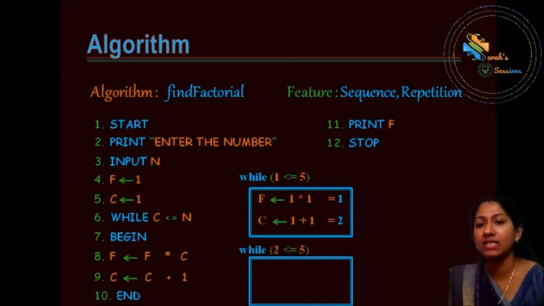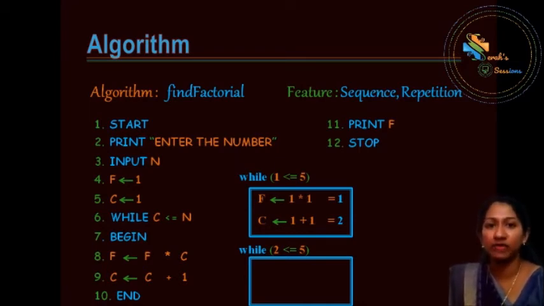In this case, in while statement, you will have the new value of c. What is that? 2. Whether 2 is less than or equal to 5. That is the condition that will be checked here. Yes, 2 is less than or equal to 5. So the condition is true and therefore the steps that are inside the while statement will be executed again.